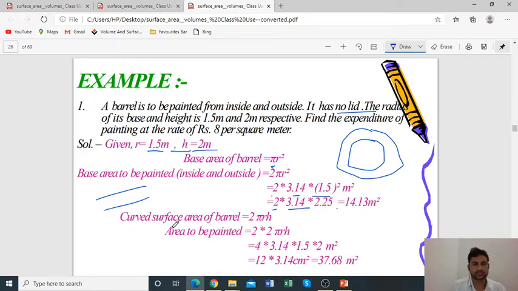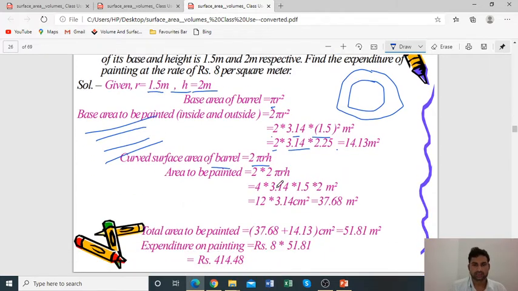So the curved surface area of the barrel is 2 pi r h, but inside and outside, so 2 times 2 pi r h. So 2 multiplied by 2 is 4, pi value is 3.14, multiplied by radius 1.5, multiplied by height 2 square meters. So 12 multiplied by 3.14 square meters.